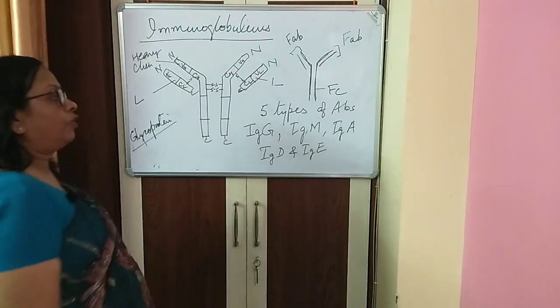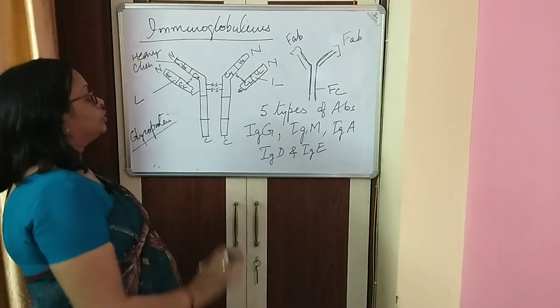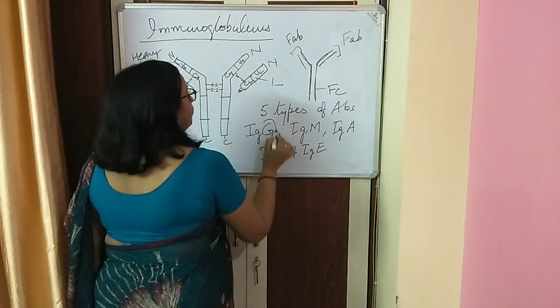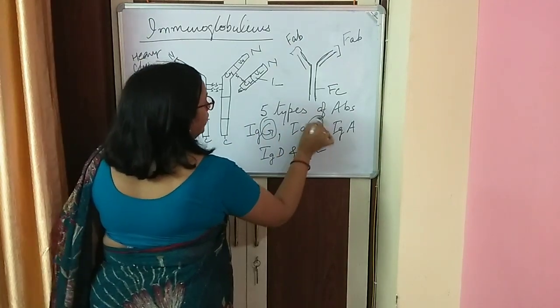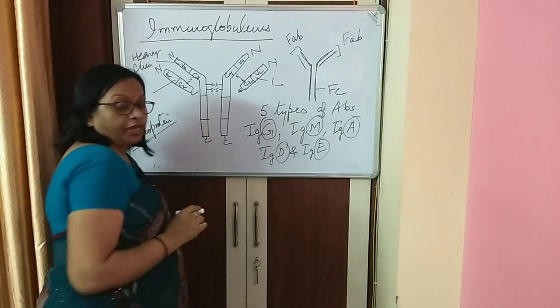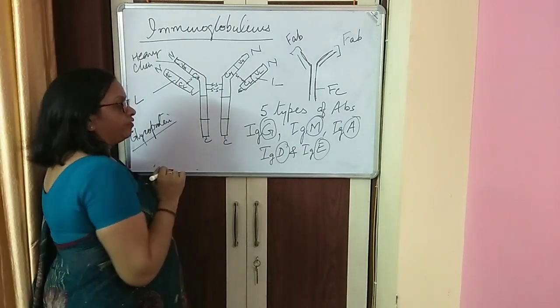These 5 types of immunoglobulins exist in the human body. Why are they called IgG, IgM, IgA, IgE and IgD? I gave you in the notes also, it depends on the type of heavy chain.